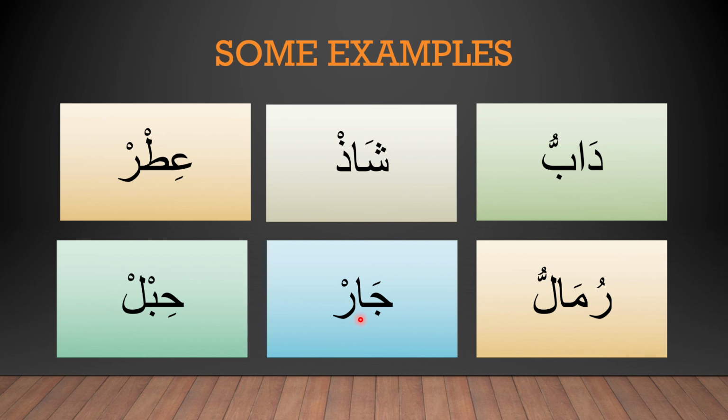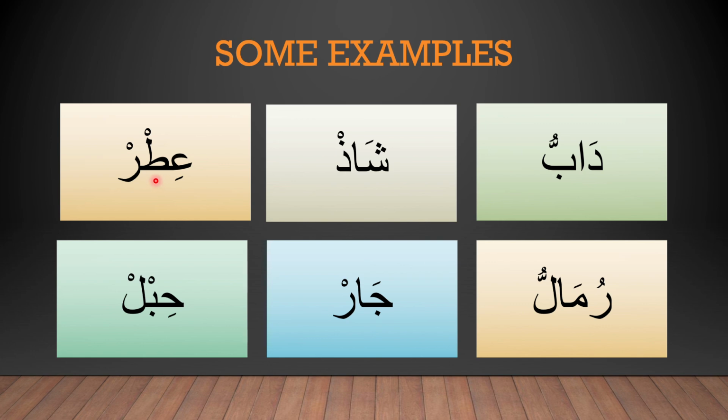Rumal. Lam, Dhamma, Lu. Rumalu. Jim, Alif, Ja, Ra, Sukun. Jar. Ha, Kasra, Ba. Hib. Lam, Sukun. Hibl. Now one more time. This will be even faster. Dal, Alif, Da, Ba, Sukun, Bu, Dabu. Shin, Alif, Sha, Zal, Shaz.